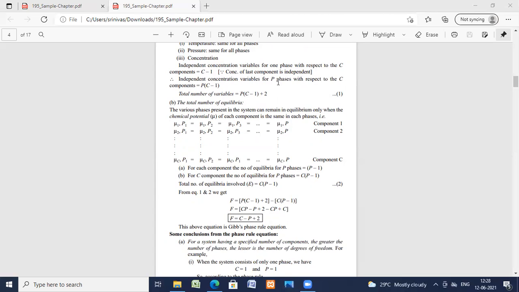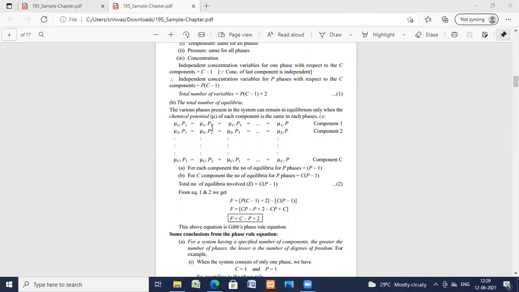Independent concentration variables for P phases with C components is P into C minus 1. So the total number of variables is P into C minus 1 plus 2. Call this equation 1.